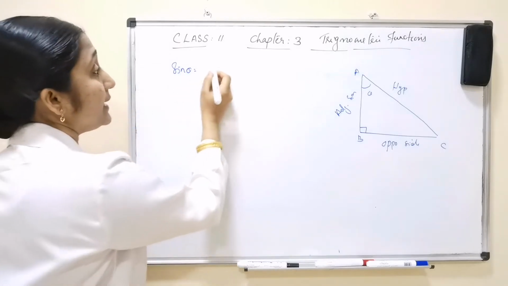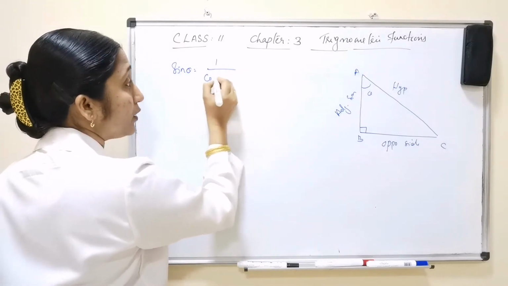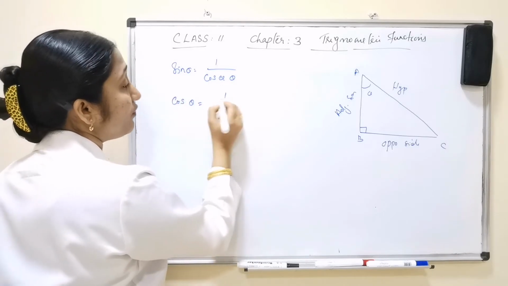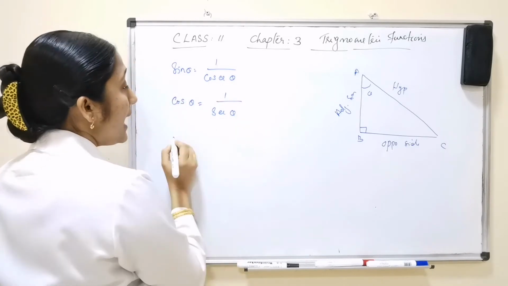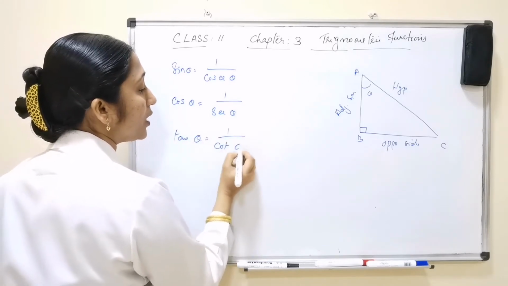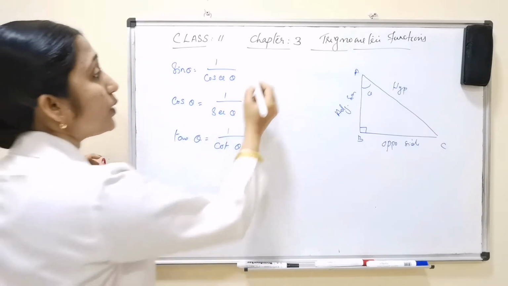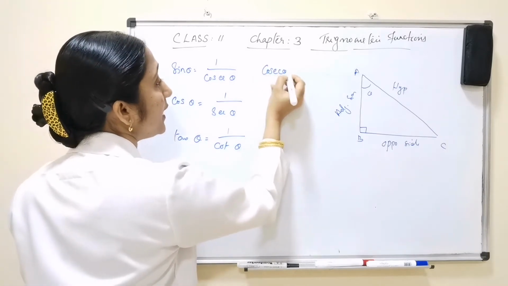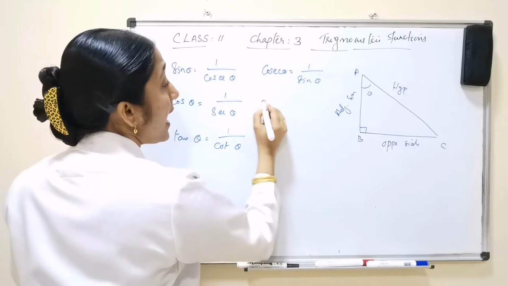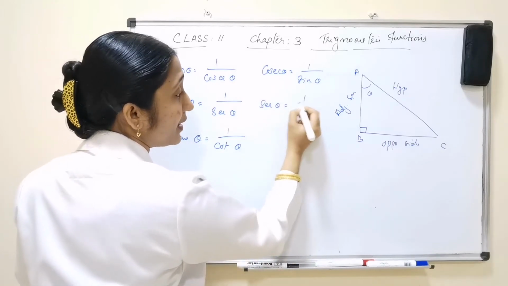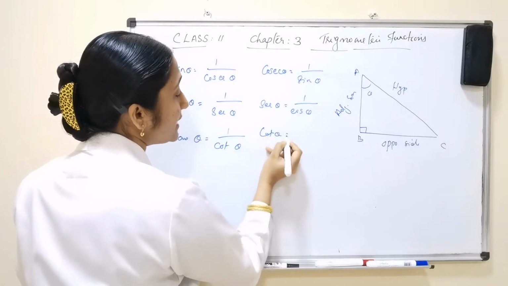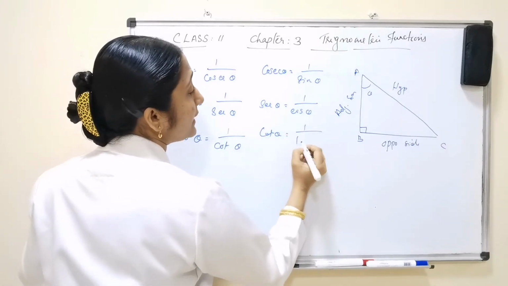Based on that, sine theta is equal to 1 by cosec theta, cos theta is 1 by sec theta, and tan theta is 1 by cot theta. Similarly, cosec theta is the reverse, 1 by sin theta, sec theta is 1 by cos theta, and cot theta is 1 by tan theta.